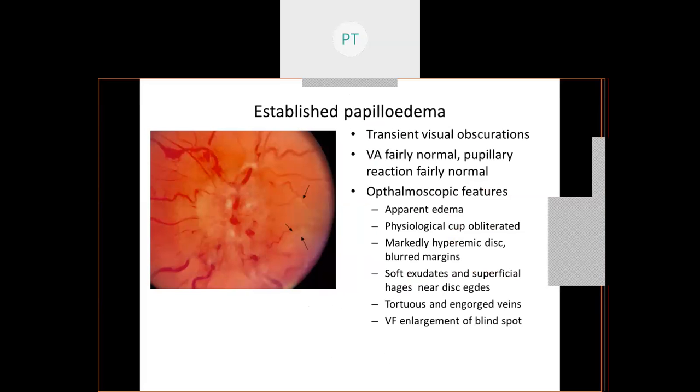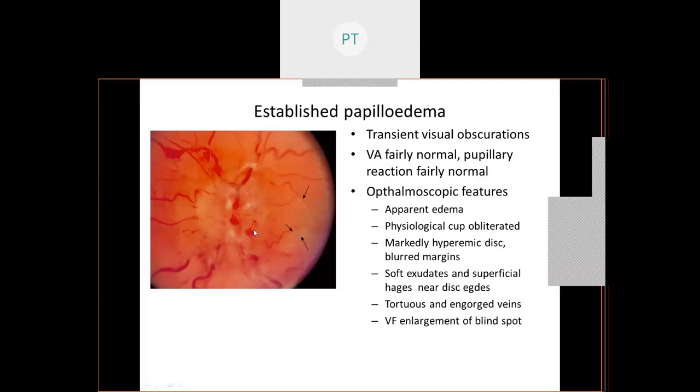Then the next stage is the stage of established or fully developed papilledema, where the patients present with a history of transient visual obscurations in one or both eyes, and this can last for a few seconds. What we see here is an apparent disc edema. Now you cannot even make out the disc margins. The physiological cup, which is normally seen, is obliterated. There is marked hyperemia of the disc and blurred margin.